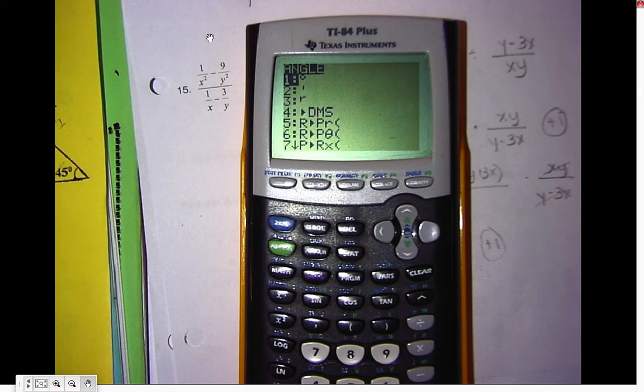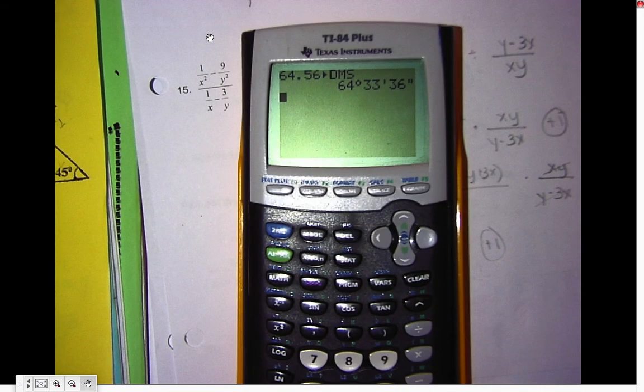That stands for degrees, minutes, and seconds. So if you hit option 4, it's going to take this 64.56 degrees and do the conversion for you. So that tells me that is 64 degrees, 33 minutes, and 36 seconds. So it does it for you.